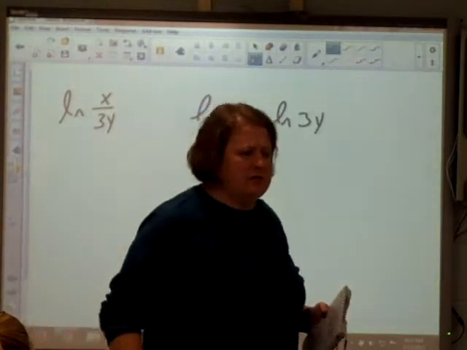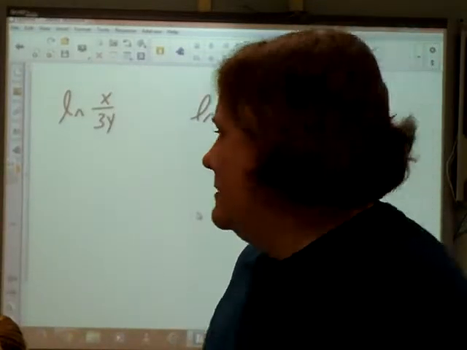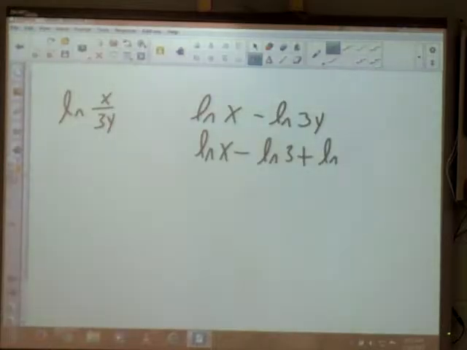Okay, I haven't finished yet. There's the product property still on that right side in there. So I need to do that now. So keep my natural log the same on the left there. The natural log of x minus natural log of 3 plus natural log of y.